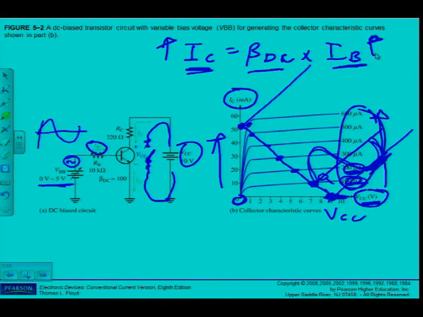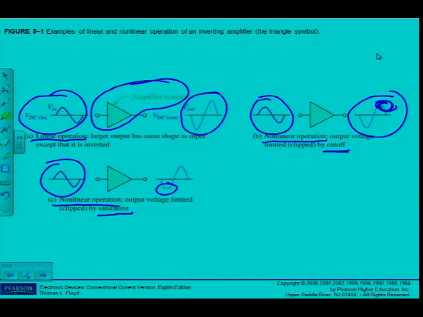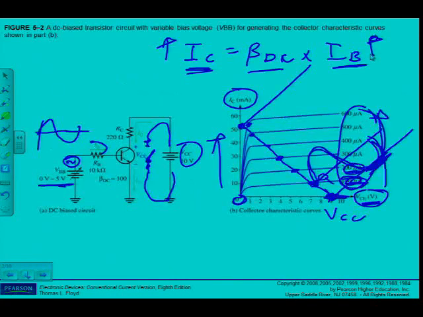When I go and look at the output signal on the previous page, what did we see when it's too close to cutoff? On the output, because it's inverted, the top part of the waveform has been cut off. Alright, the other one: if I use in this example 500 microamperes and I cause my Q point to be over there, let's call that Q point 2.